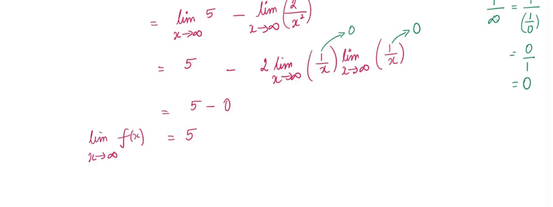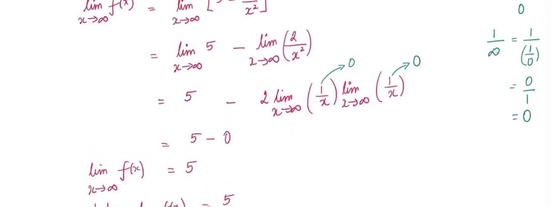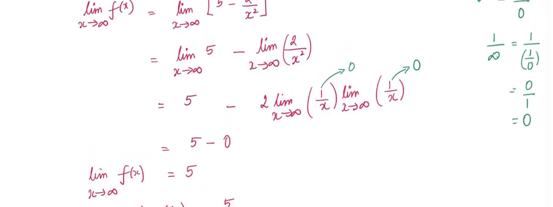Well, we could make a similar argument for negative infinity. So I'll just say, similarly, the limit of f of x as x approaches negative infinity is also coming out to be 5. You can work through the problem the same way, right?